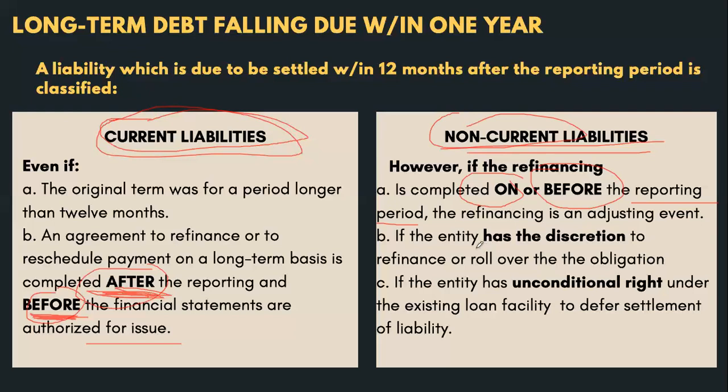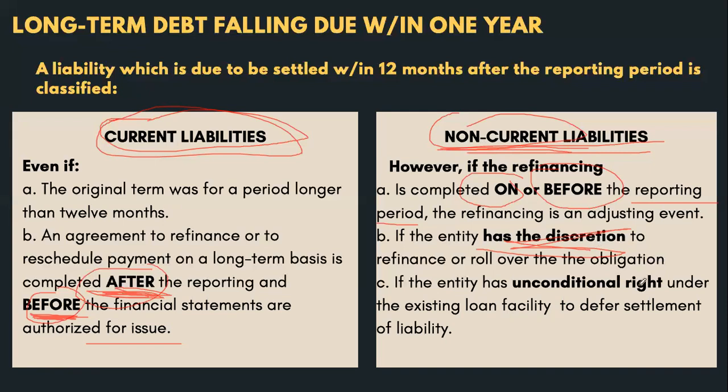Second, if the entity has a discretion to refinance or roll over the obligation. Kumbaga, kita nga borrower, naatay right, nasa to ang discretion kung kanus ana to pwede sa bayaran, kanus ana to sa i-refinance, kanus ana to i-reschedule ang payment. If that's the case, if we have the discretion to reschedule or refinance the long-term debt, then the liability nga atong gi-refinance, gi-reschedule is classified as non-current liabilities.